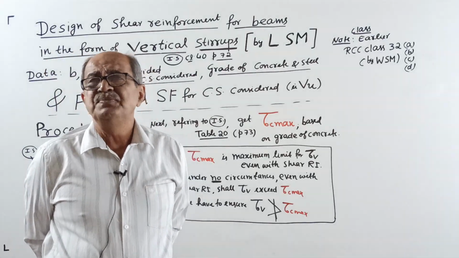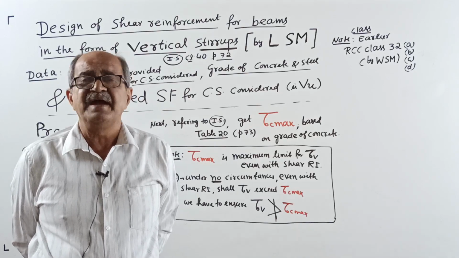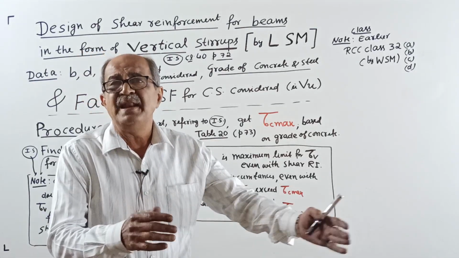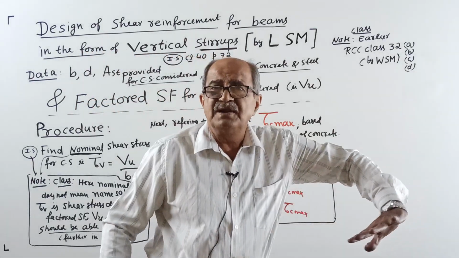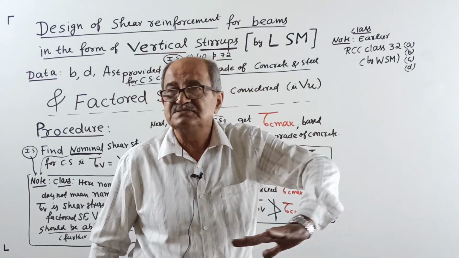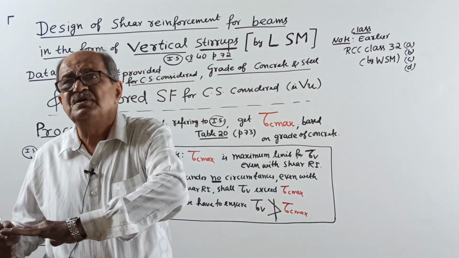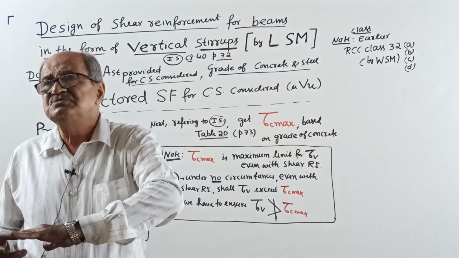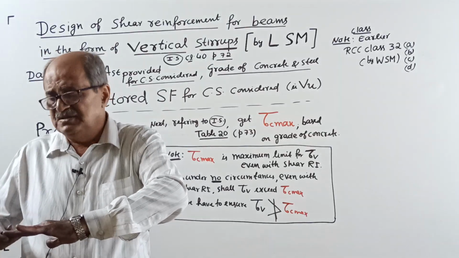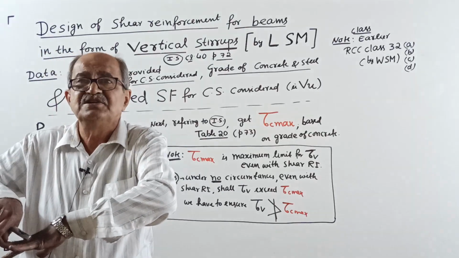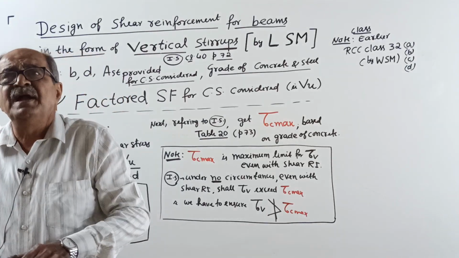Sometimes some of the bars may be curtailed or cranked. Suppose in the mid-span of a simply supported beam, you provide 4 bars. When you come near the support, bending moment will reduce. Therefore, of the 4 bars, 2 bars may be curtailed, stopped. The remaining 2 will be continued to the support.